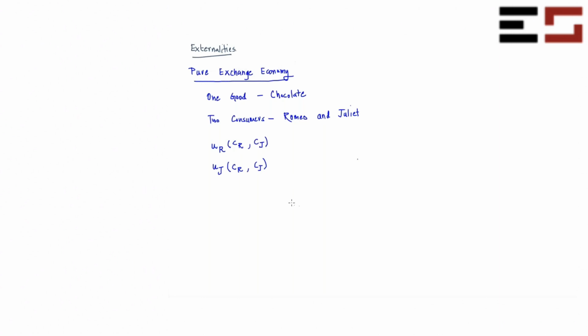Let us call omega r the endowment of chocolates with Romeo, and omega j the endowment of chocolates with Juliet. So omega r is Romeo's endowment, and omega j is Juliet's endowment of chocolate.